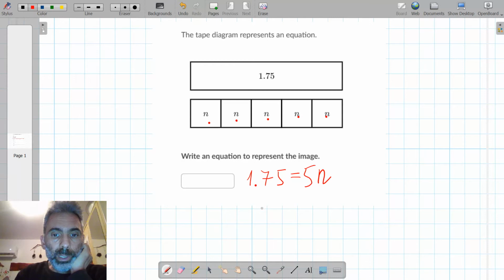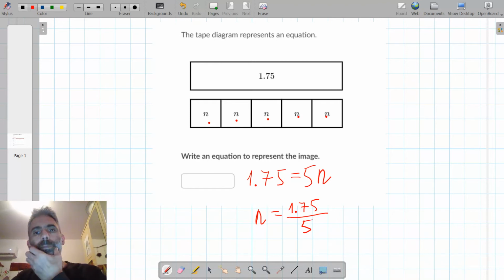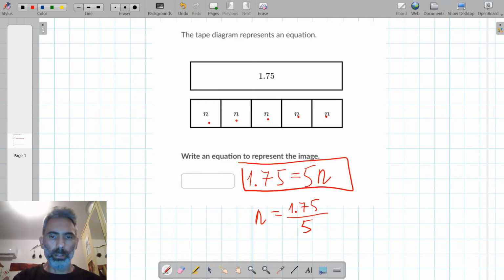Another way is to say that n equals 1.75 divided by 5. Okay, so these are two valid ways to express the tape diagram. So either is valid. I'll go with this one. 1.75 equals 5n.